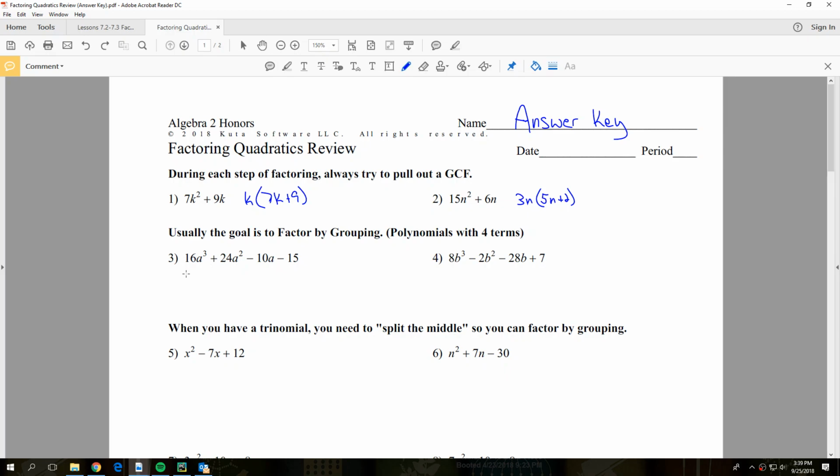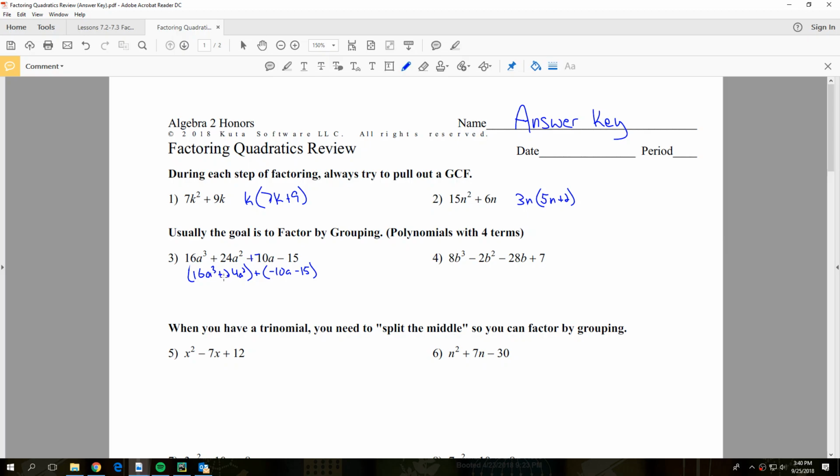So what I have here is 16a cubed plus 24a squared. Now with this minus, I typically tell students to change this to a plus negative. So I have plus negative 10a. I know we're going to pull this negative out anyways, but some students struggle with what it means to pull out that negative. So plus negative 10a minus 15.